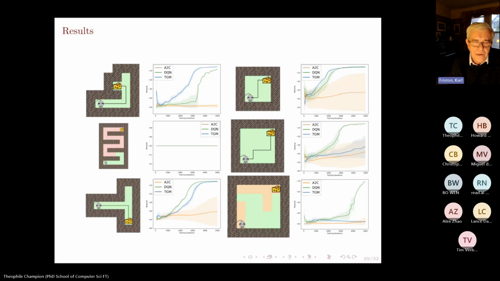And I think that would become interesting if the cheese could move around. So if you had a problem now where the cheese is not something that you're learning as part of the structure, or indeed as part of, well, it could be the parameters, but that would be an instance where you would have to, in the usual way, forget where the cheese is, because the cheese can move on every trial. But as soon as the cheese has been placed, hidden somewhere else, then that evokes a certain novelty that can be resolved by looking here and then looking there and then looking here and then looking there.